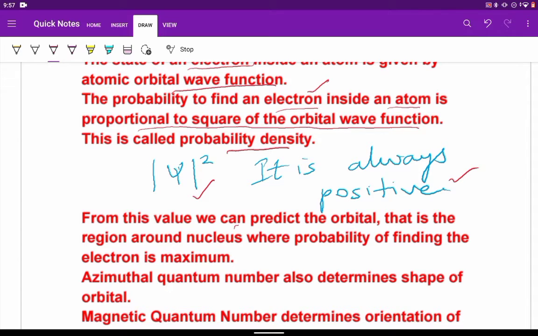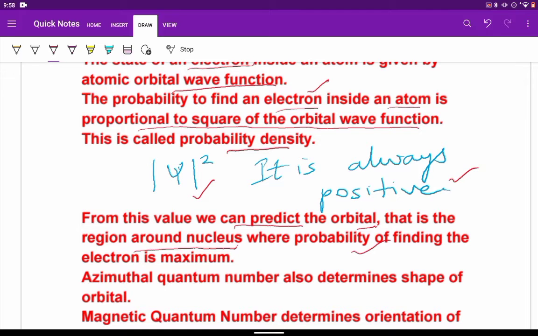From this value we can predict the orbital, that is the region around the nucleus where the probability of finding the electron is maximum. In case of the 1s orbital, the probability density is maximum at the nucleus. In case of 1s, near the nucleus there is maximum probability.